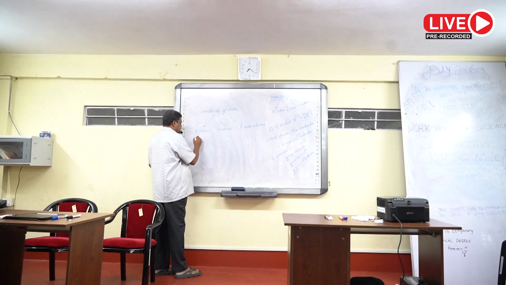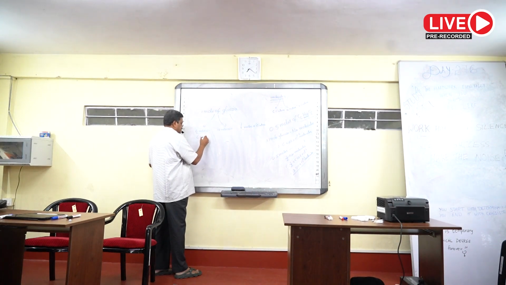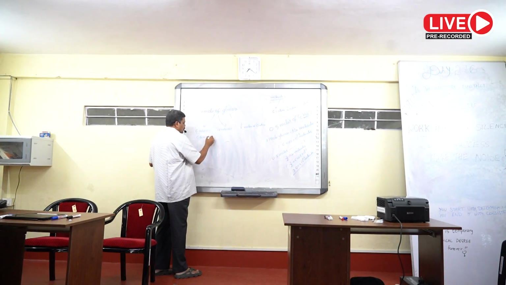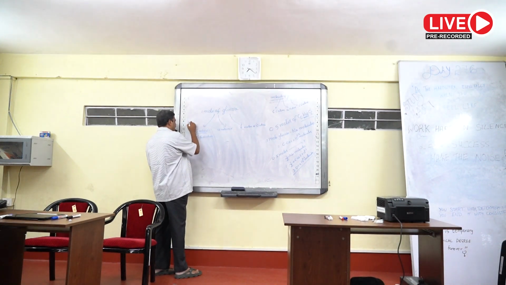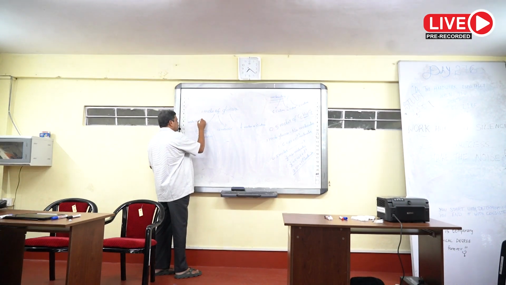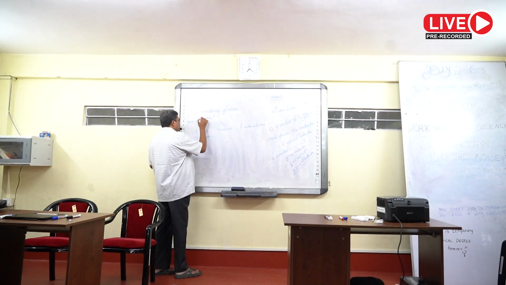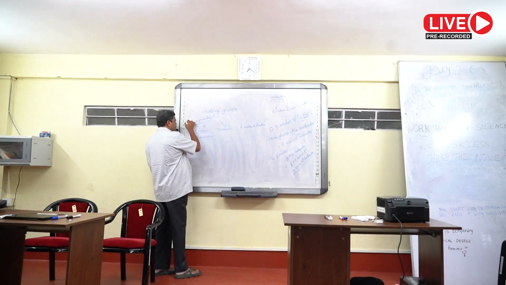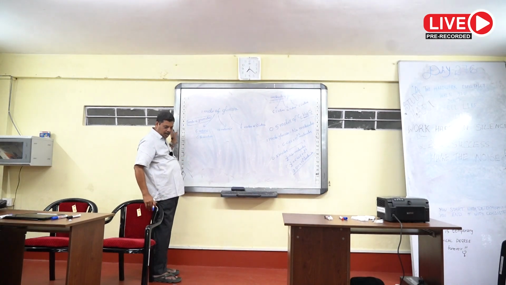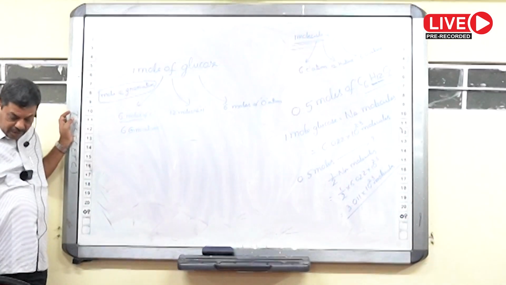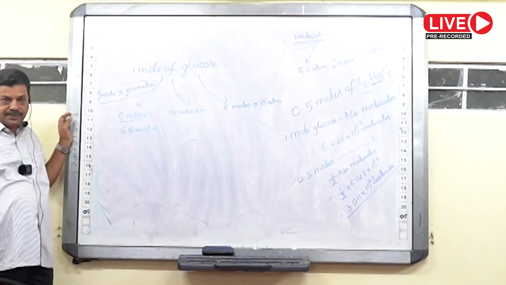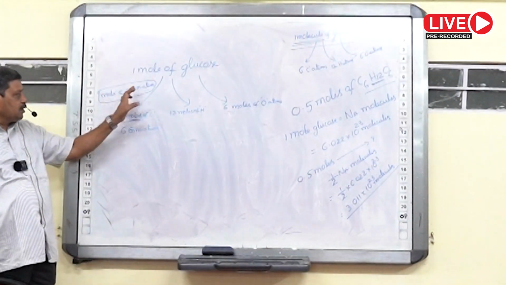6 moles means 6 gram atoms. Mole is also called gram atom. Mole and gram atom are equal. The words mole and gram atom can be used synonymously. 1 mole is equal to 1 gram atom.